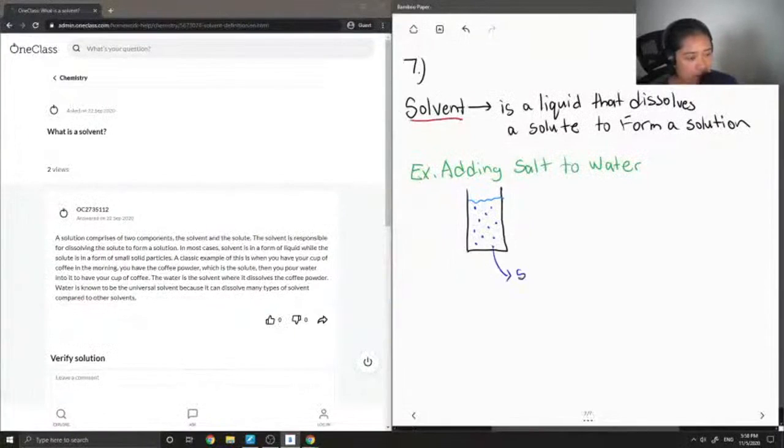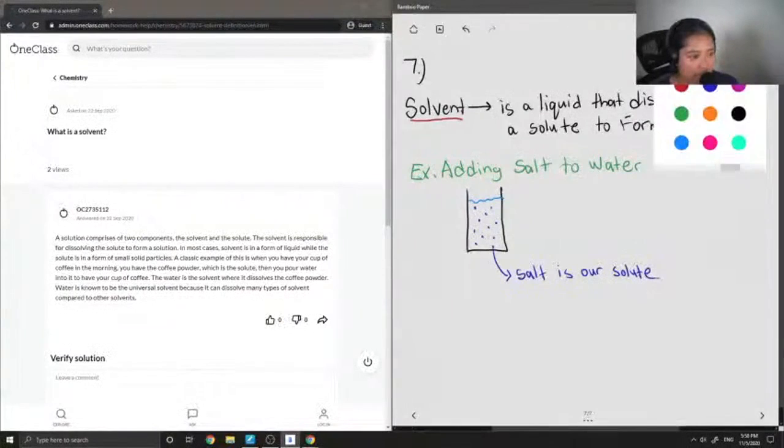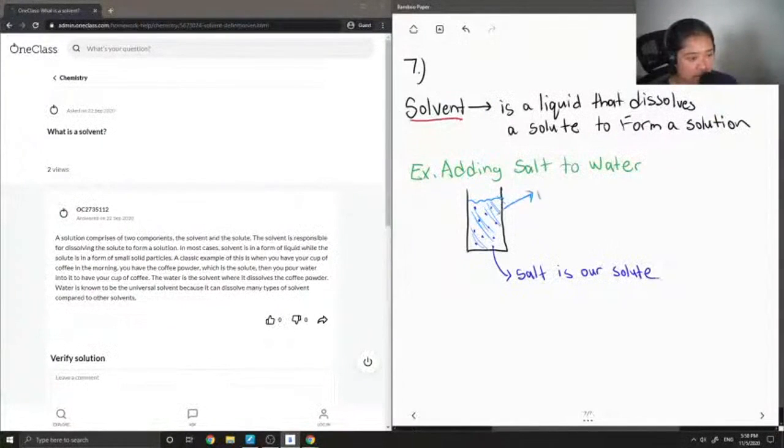So in this case, the salt is our solute. And then, as you can guess, our water is the solvent.